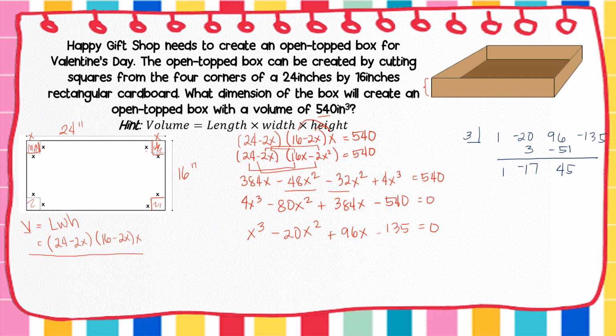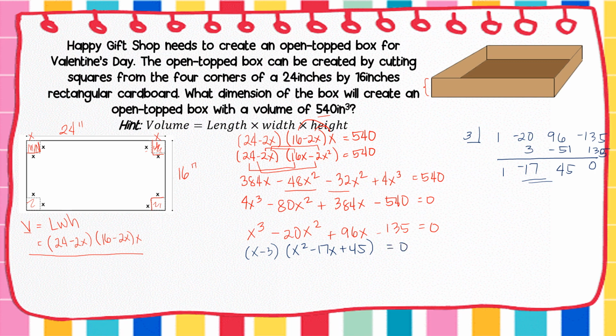Times 3 is 135. 135, 0. So the first factor is x minus 3. Now, this other one is not factorable using synthetic division. So, x squared minus 17x plus 45 equals 0.